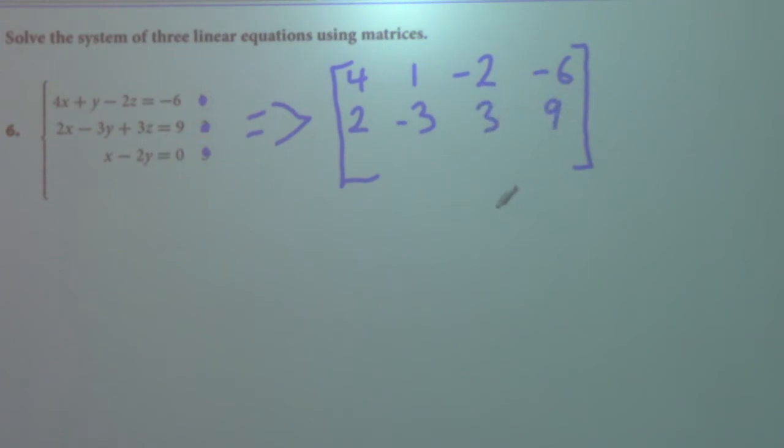Does everybody agree with Carly on this one? Okay, Carly, you're doing a great job. Carly, can you give us our last row also? 1, -2, and 0. What goes over here? 0, okay.